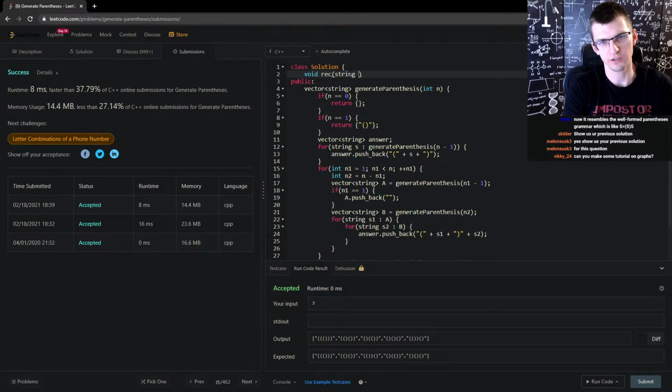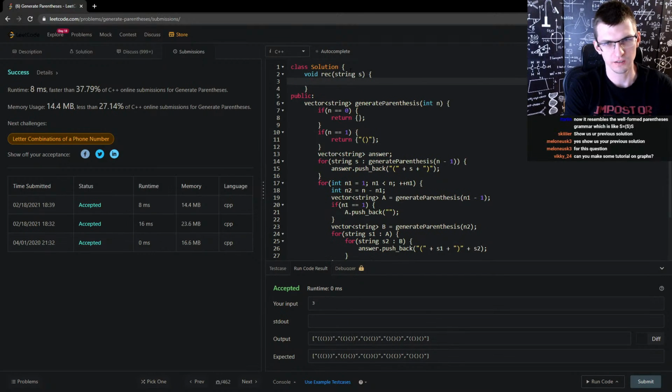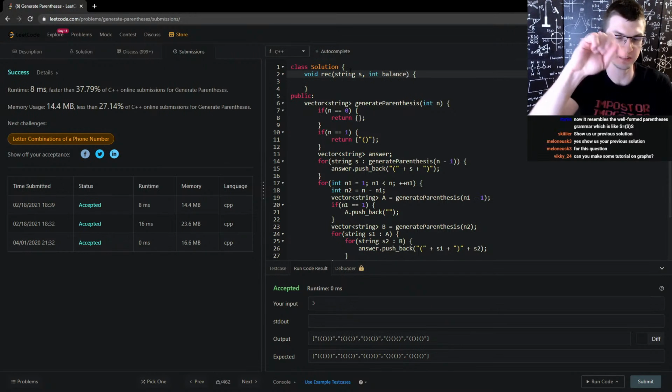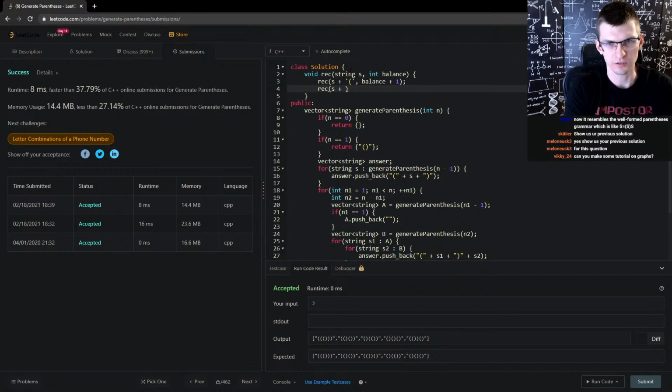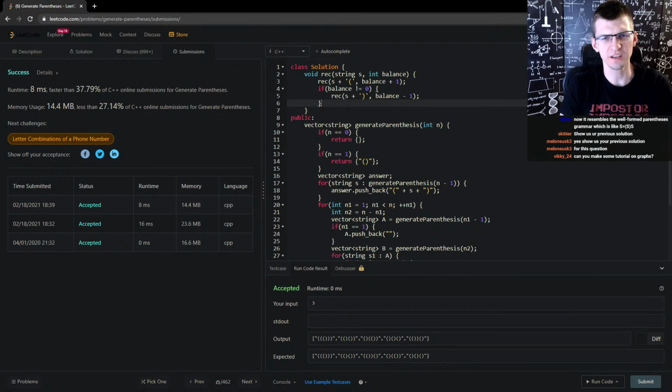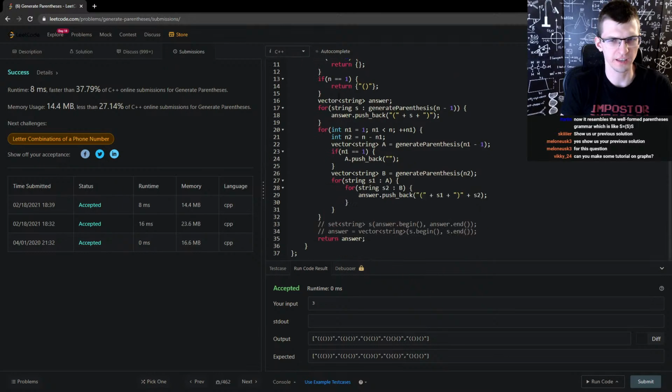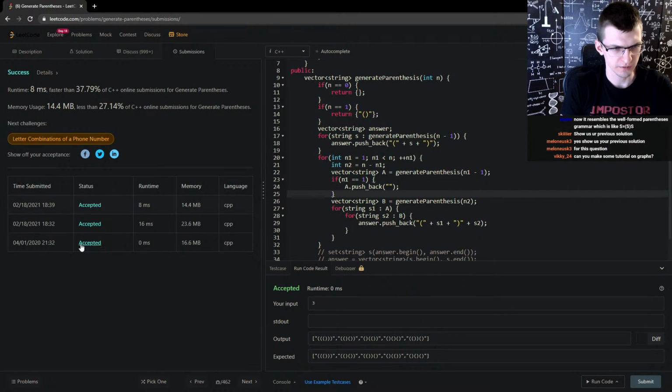Recursively, you get already some string, and also along with it the balance, which is the number of openings that are not closed yet, and it considers then appending a new open bracket, increasing balance by 1, or you can close, decreasing balance by 1, unless it was already 0. Something like this is an alternative to what I did here. Now let's see.